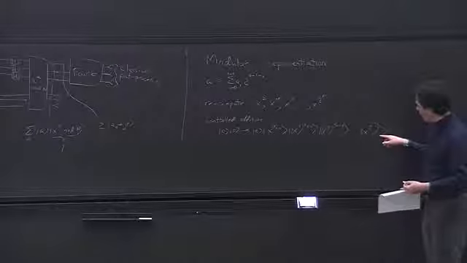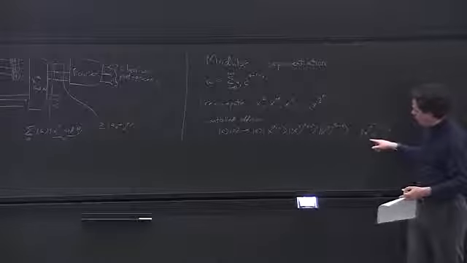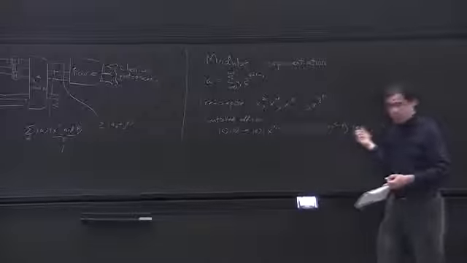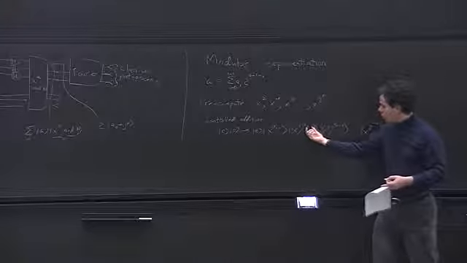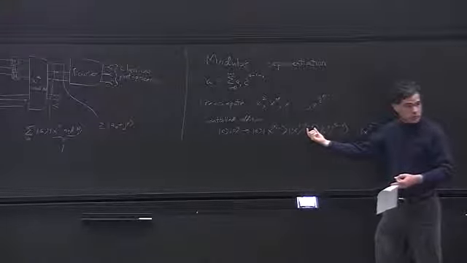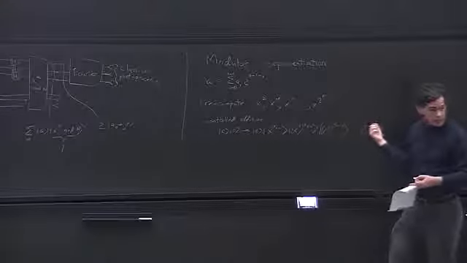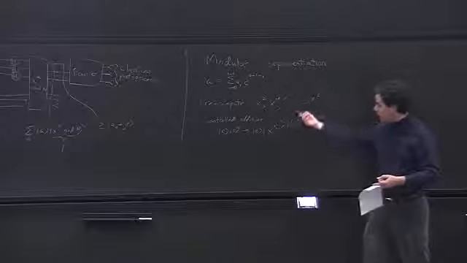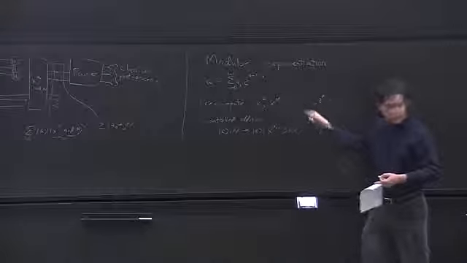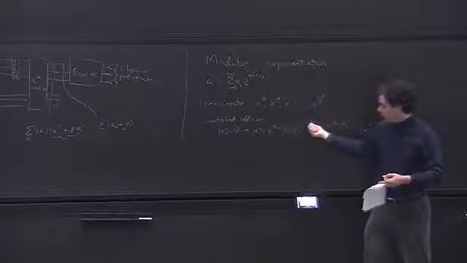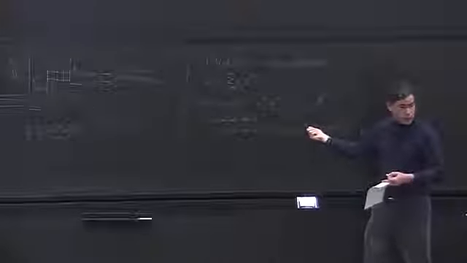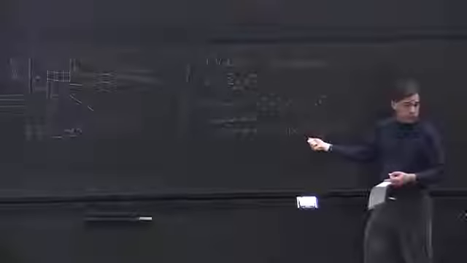Okay, so each one of these is a controlled addition, right? So we're looking at this bit, the n minus first bit, n minus second bit, n minus third bit, et cetera. And we're adding this corresponding value if the control bit is 1, and not adding it if it's 0.